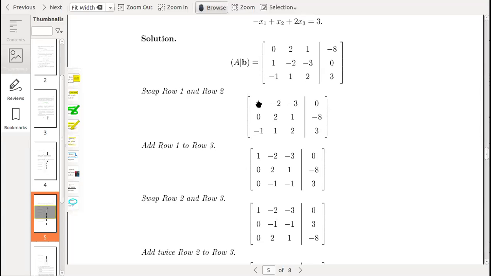Just add this 1 to minus 1, so it will be 0. It means add row 1 to row 3. Adding row 1 to row 3, here we will get 0, and the other values will change.